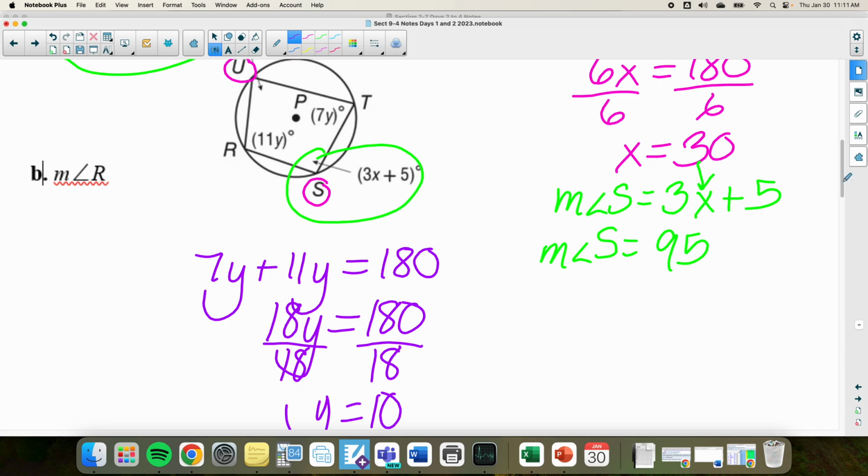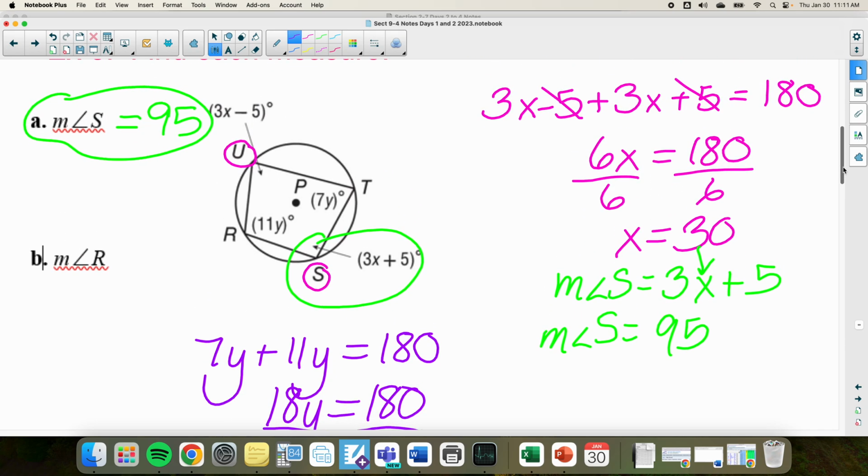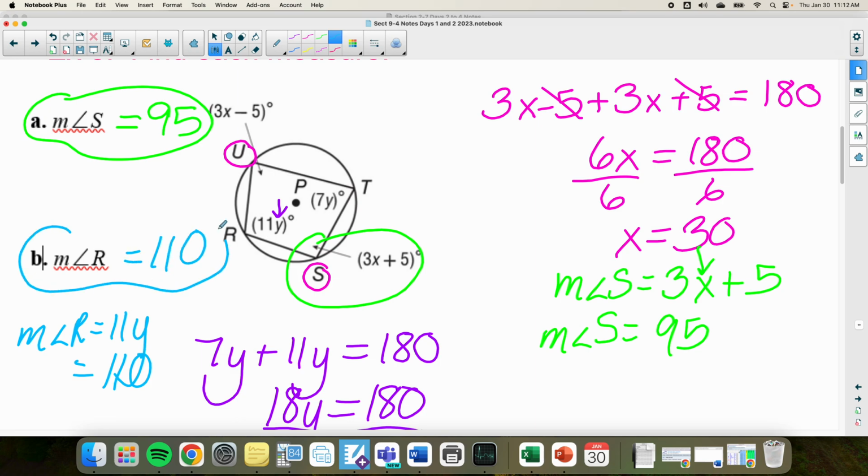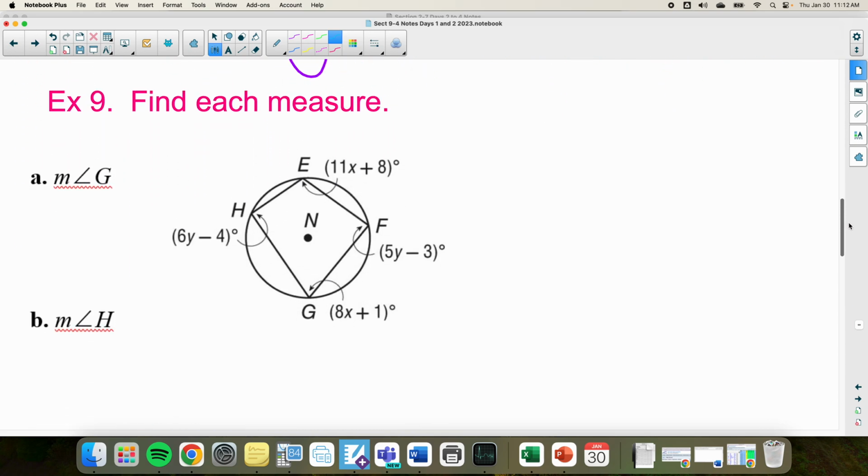Then what I'm gonna do is find angle R by putting 10 in here. So the measure of angle R is 11y. If I put 10 in there, I would get 110. And you could always put that y in both the ones and make sure they add up to 180.